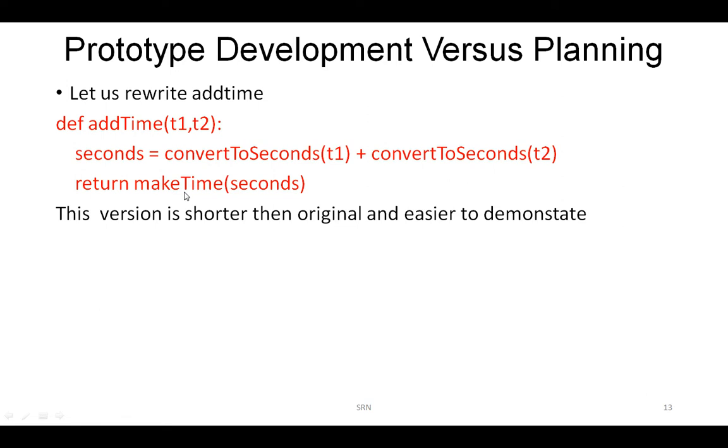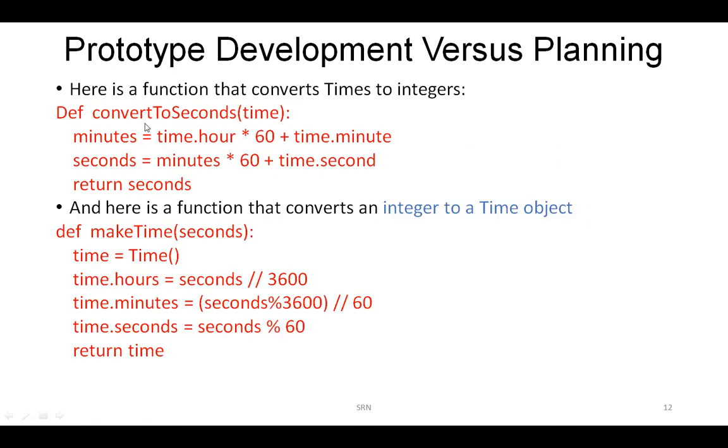So now let us rewrite the add time function. So add time takes two arguments, then seconds is equal to convert to seconds t1 plus convert to seconds t2. That is, it calls the convert to seconds function by passing t1 as an argument once, then it calls this function again by passing t2 as an argument.